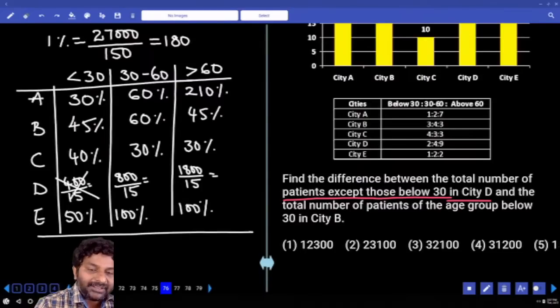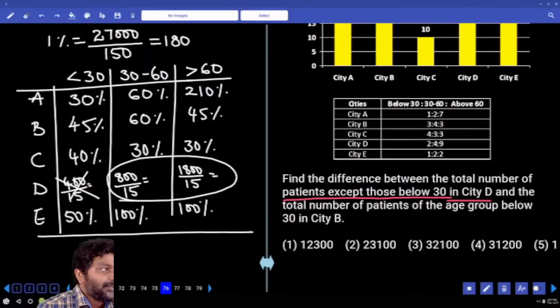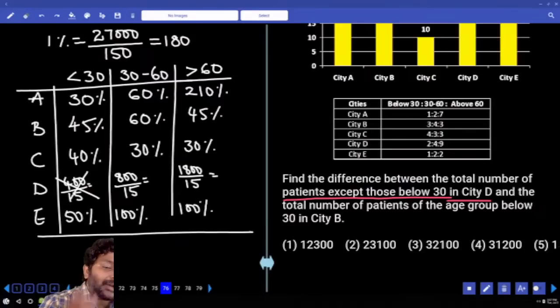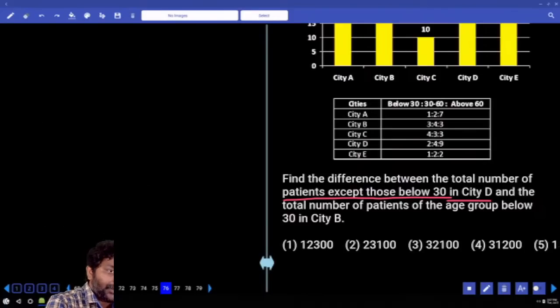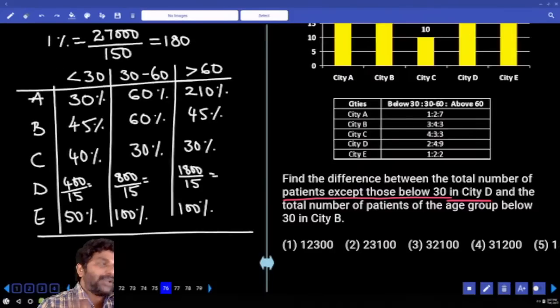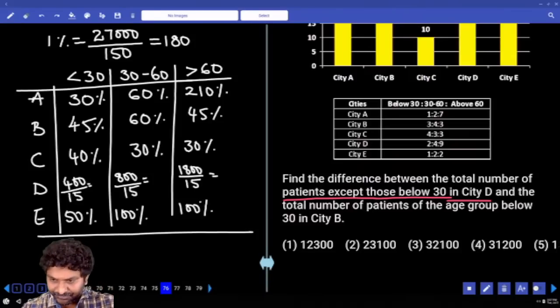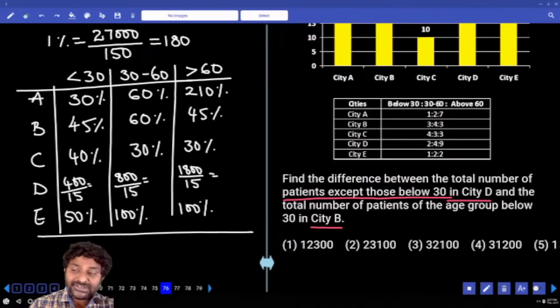Agreed? That means the other two we need, which is equal to 2600 by 15. Let me write it. 2600 by 15. This is the 1% value. And in city B, which category do we need?